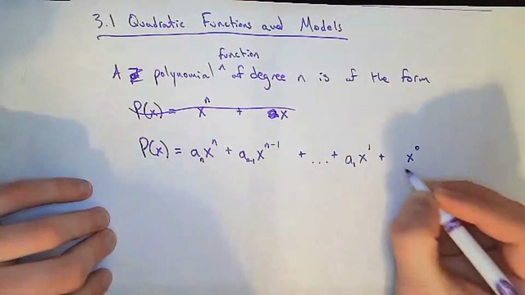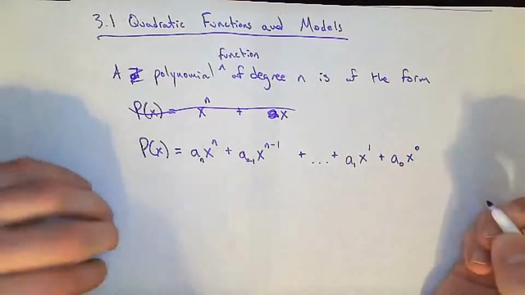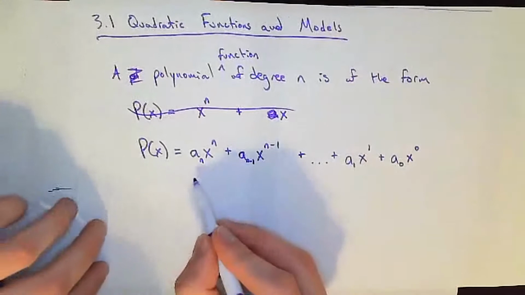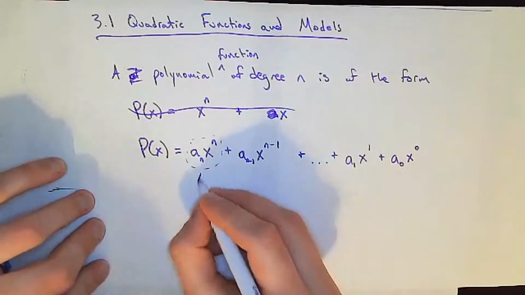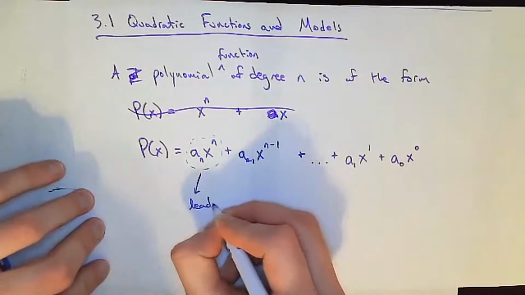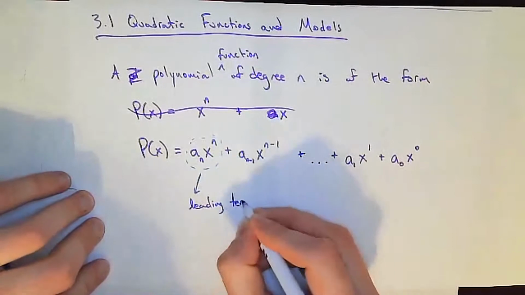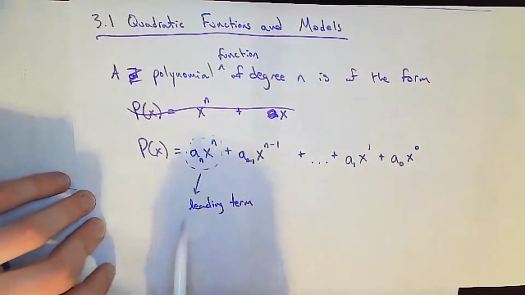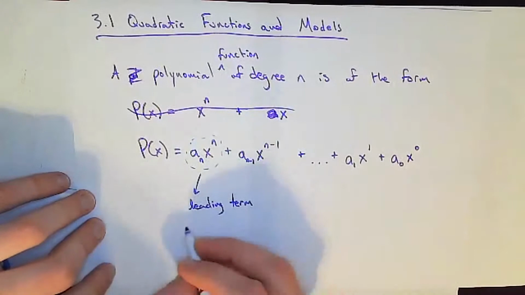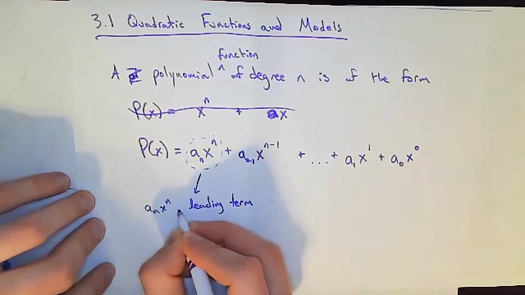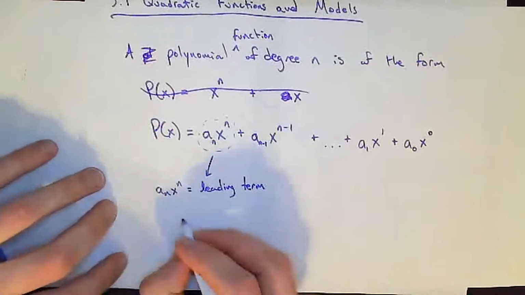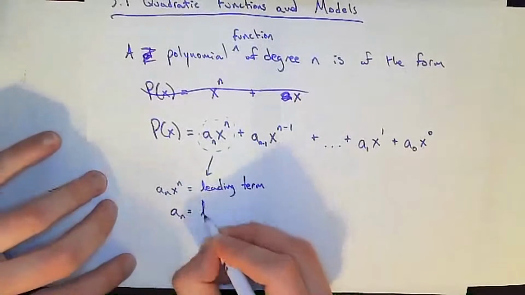So down here, this is a sub 1, and down here is a sub 0. We would say this is altogether the leading term, because it has the highest exponent. We call a sub n alone the leading coefficient.